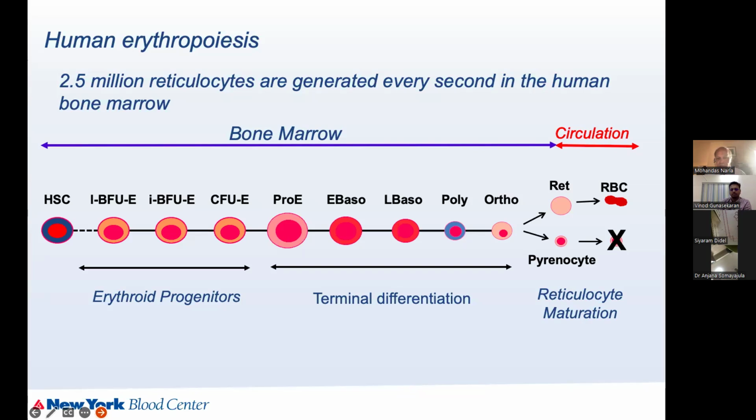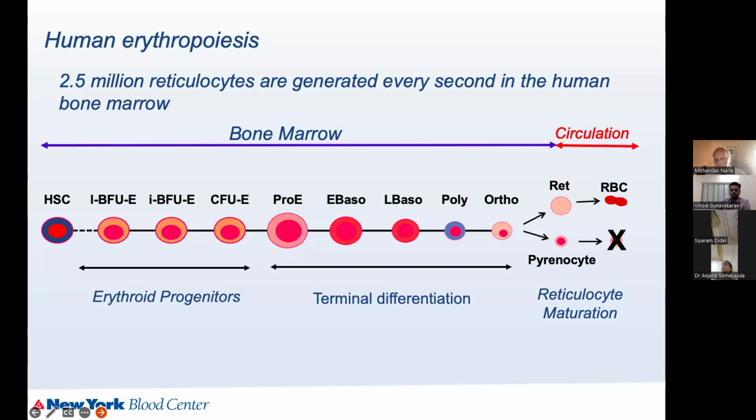One we call erythroid progenitors, where the stem cell commits to differentiate along the erythroid lineage, and by colony forming assays, people have identified at least three different subsets of progenitors called large BFU-E, intermediate BFU-E, and colony forming unit erythroid. You cannot distinguish these based on morphology. You actually have to do colony forming assays to quantitate these different populations of erythroid progenitors.